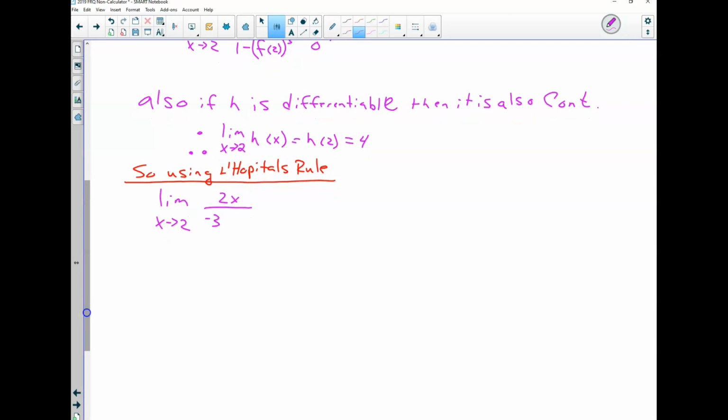It's going to equal negative 3 f of x squared times f prime of x.